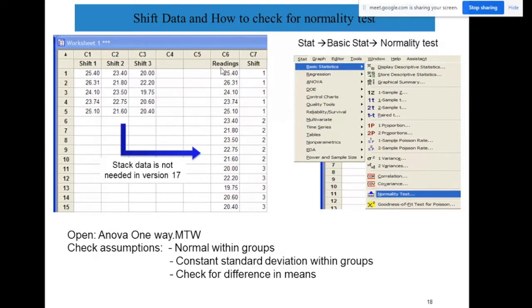Here we have the readings and the shift. First we have to check whether the data is normal, normality within the groups, as assumptions. We also check whether the standard deviation is constant within the groups, which we check from the test of equal variance. We will discuss this in detail. Our objective is to check whether there is a difference in the mean between these 3 shifts, or are they the same?